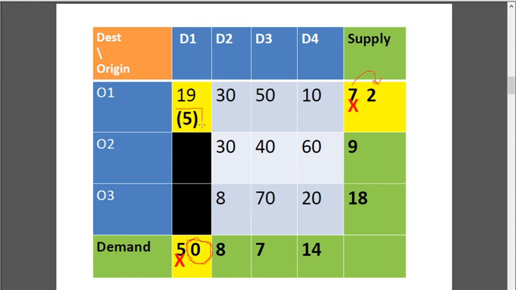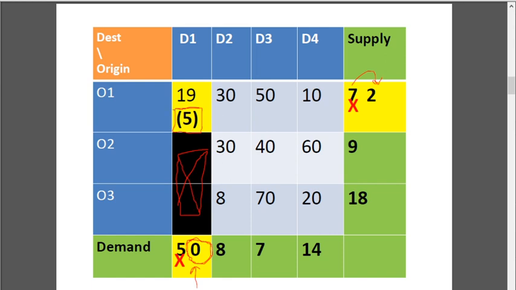So from origin 1 to destination 1, we have satisfied 5 units. Since the demand has become 0 for this column, delete or cut off the remaining cells in that column.